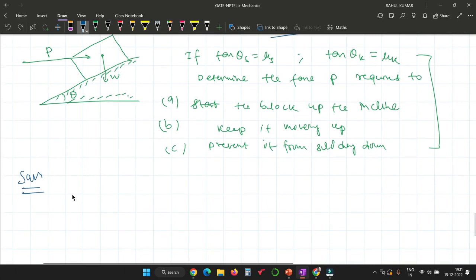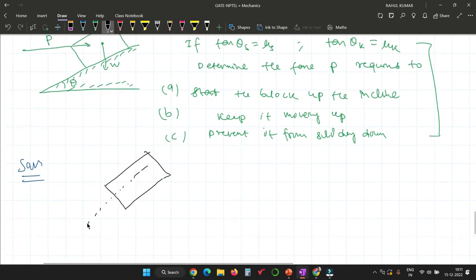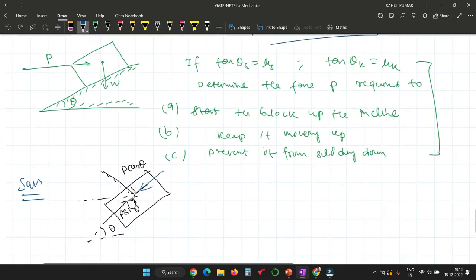Okay, so let's create an FBD. So this will be P sin theta, and this will be P cos theta, and this is W. Am I writing it correctly or not?